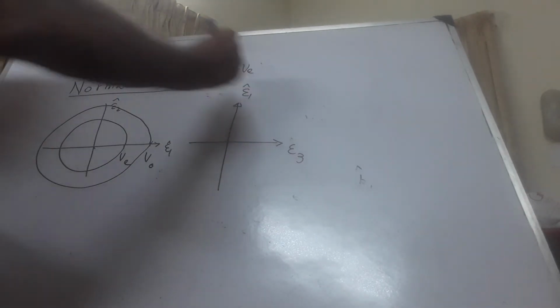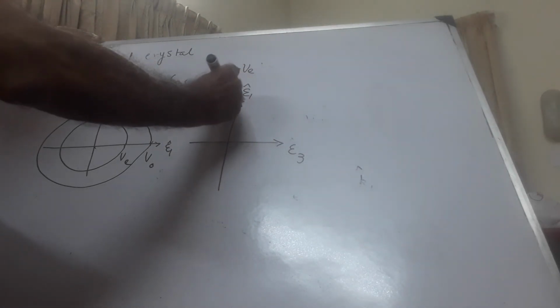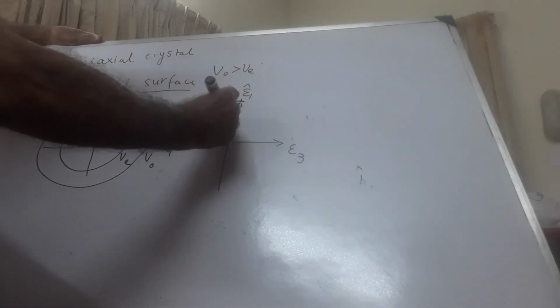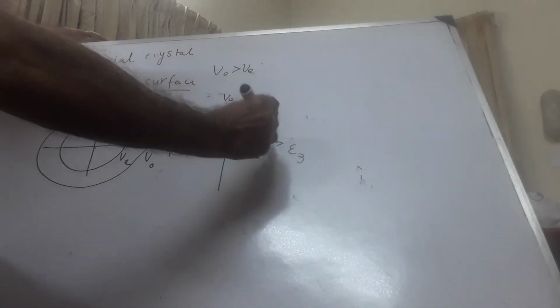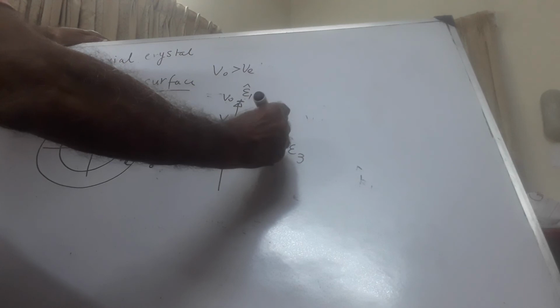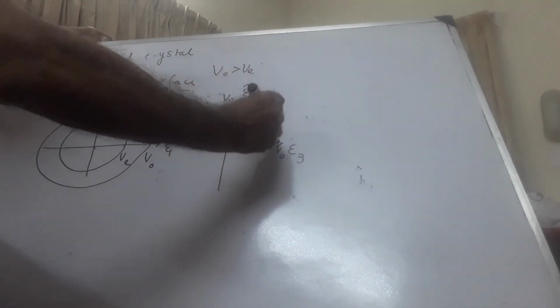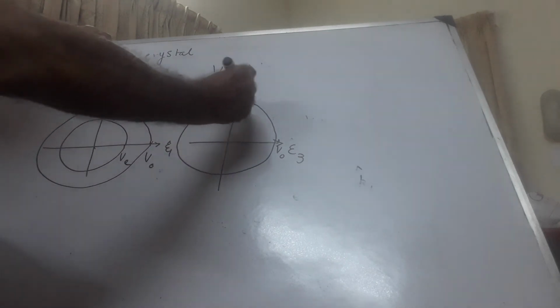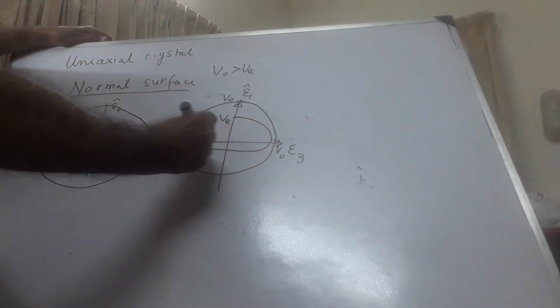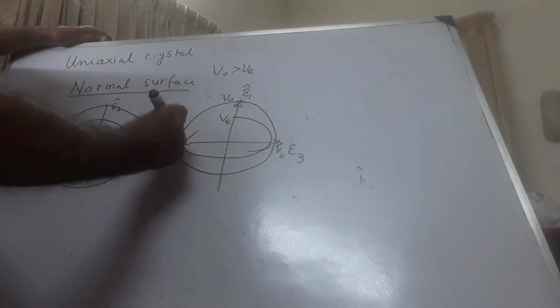If it were along epsilon 1, then we have VO and then VE. And if we have here both epsilon 1, they will all be VO. So one will be like that, the other curve will be like that. Sorry, an ellipse like that.